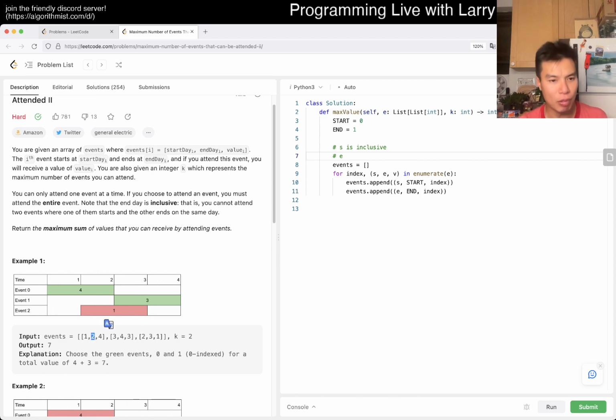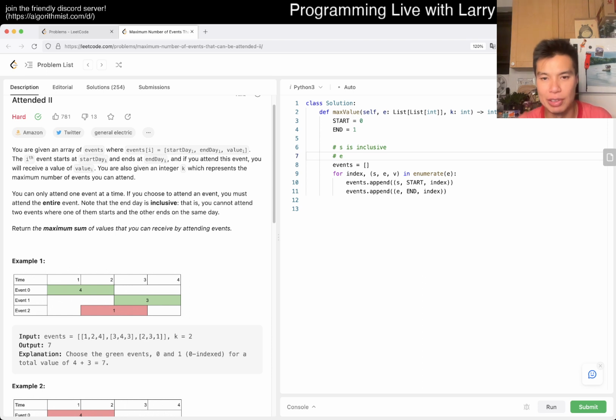So that means that inclusive should be okay, because that means that we don't parse this yet. Basically, when S is equal to another one's E, we want to process the starts first so that they don't overlap.